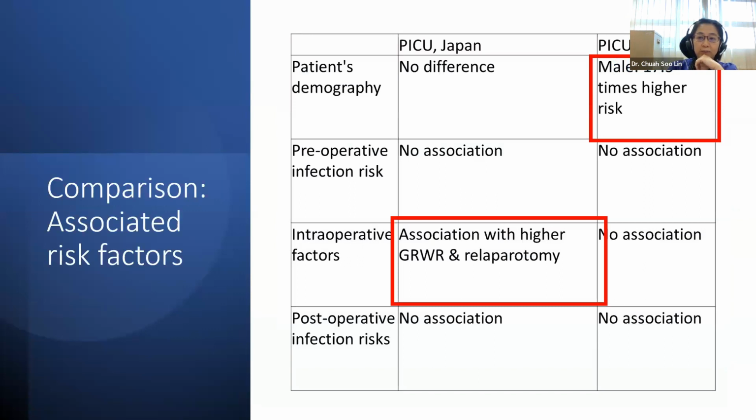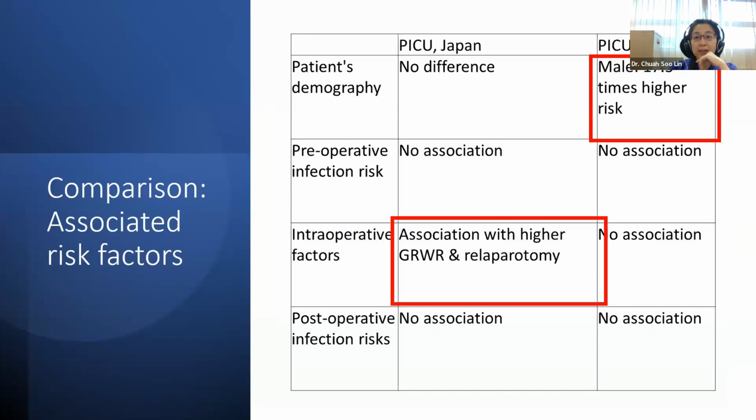The associated risk factors. In our centers, we found the similarity between the associated risk factors for both centers is that they are more non-modifiable factors for the ICU settings.